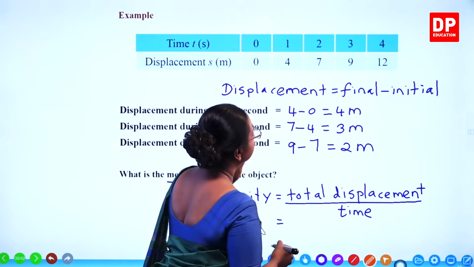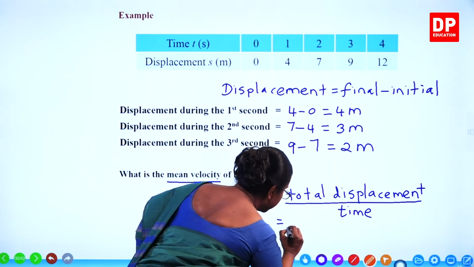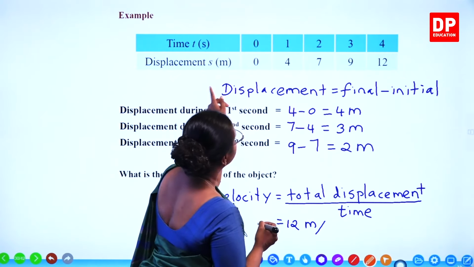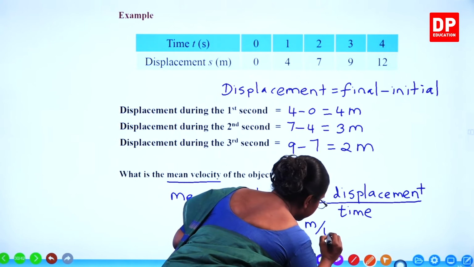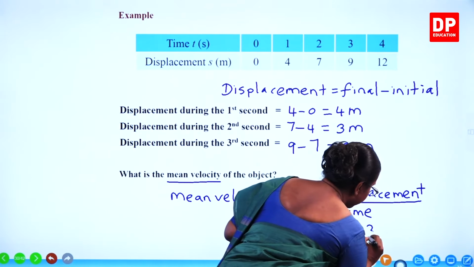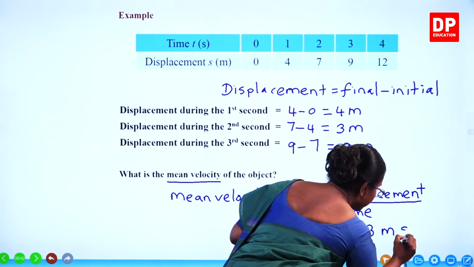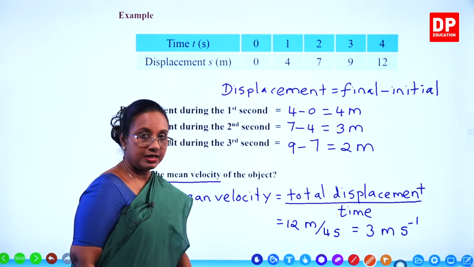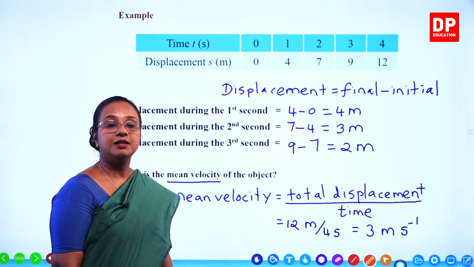So here the total displacement is 12 meters divided by time taken is 4 seconds. So therefore the average velocity is 3 meters per second in a certain direction.